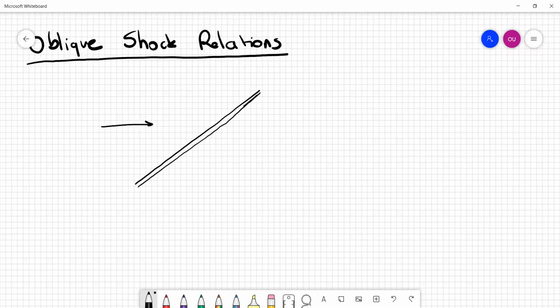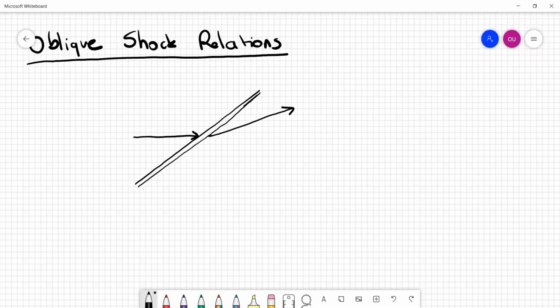Let me redraw it so I can reproduce the sketch in my notes. So M1 is coming in like that. It is supersonic. And then the velocity after the shock wave will be tilted so that it can adjust its direction to the geometry.